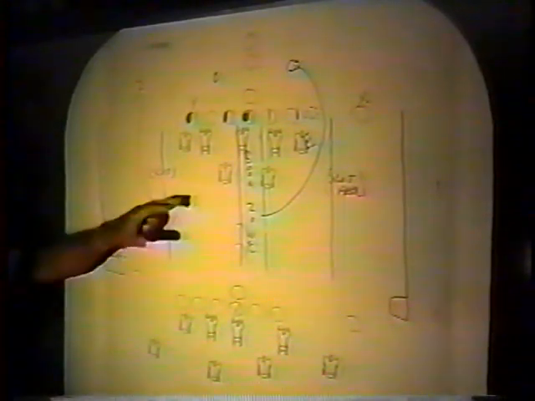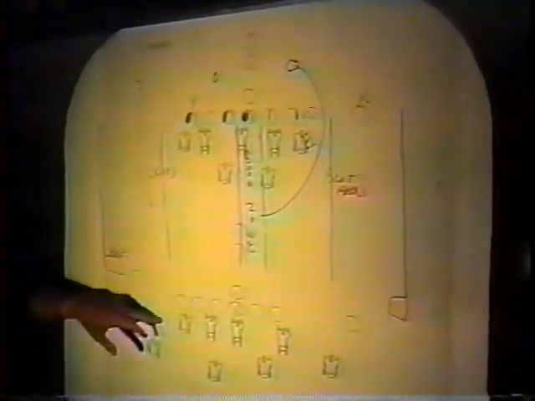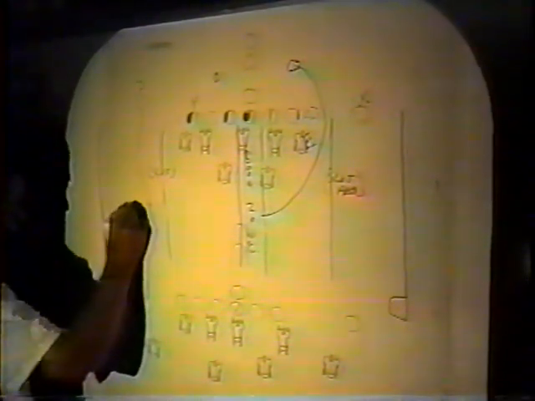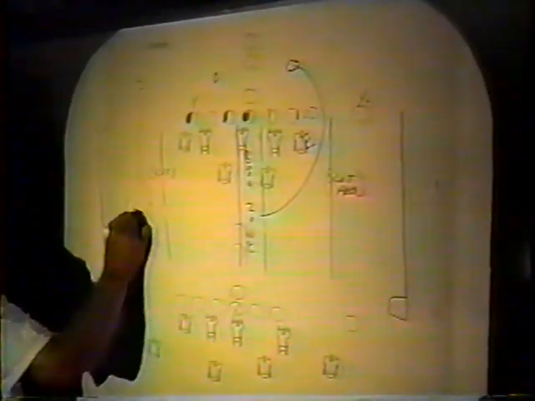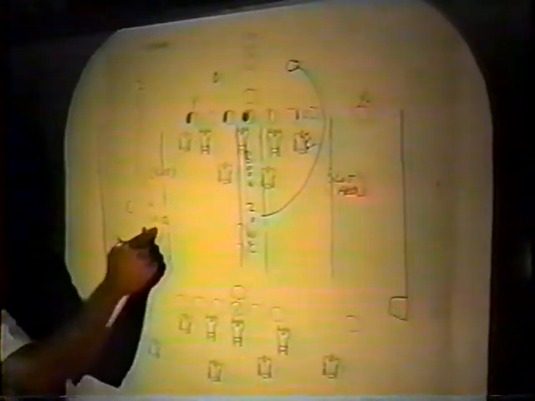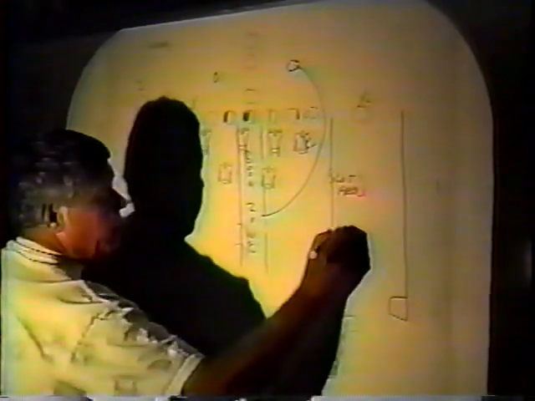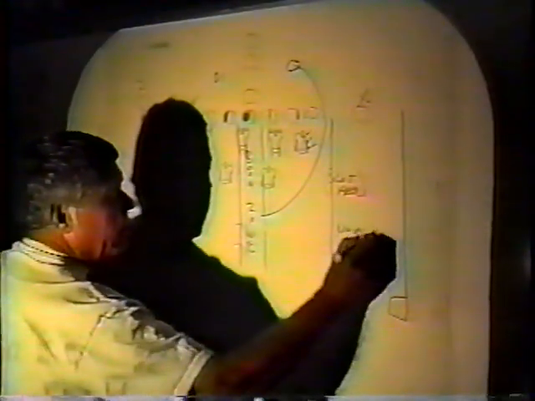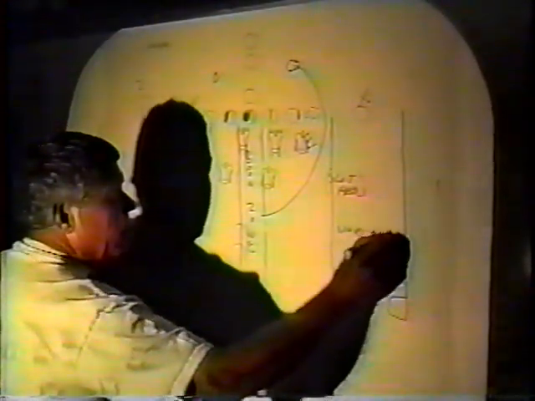It's not the old slant, but it's not a deep takeoff either on the skinny post. Just inside as they push the cover 3 corner, that's the void area strong. This is the void area weak. And that void area is normally anywhere from 10 to 12, 13 yards up the field.